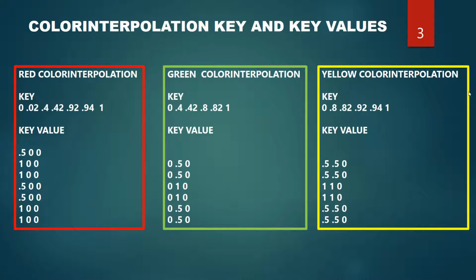For red color interpolation, the key and key values are like this. For green color interpolation, the values will be like this, and for yellow color interpolation, I will be using the values shown at the extreme right.